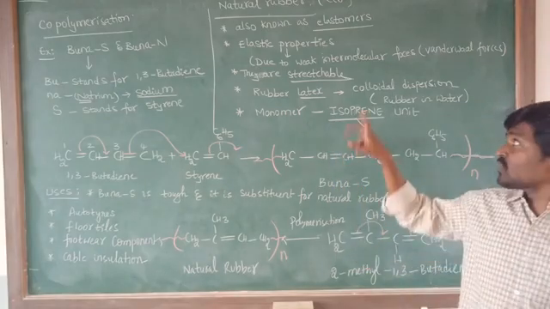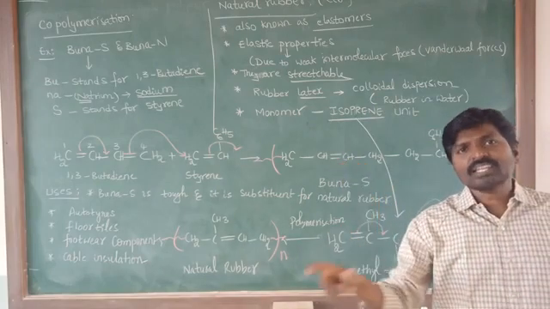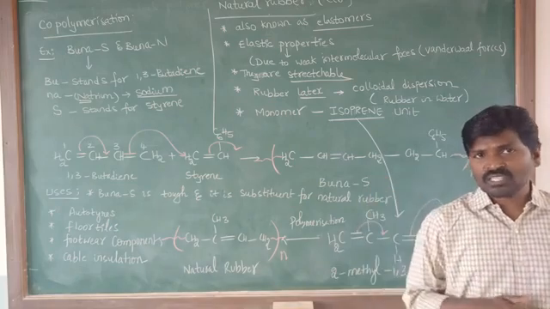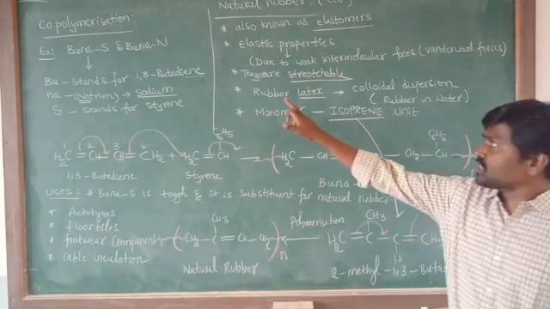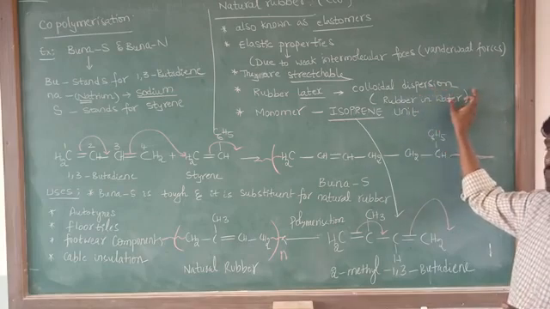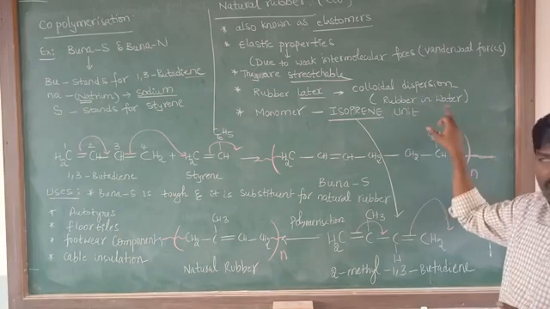Like that, a colloidal solution is also a mixture of dispersed phase and a dispersion medium. Let it be, we'll discuss later in solutions. Just remember, rubber latex is a colloidal dispersion medium, rubber in water.